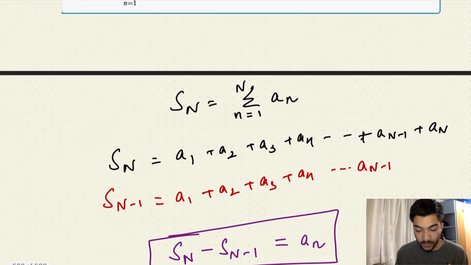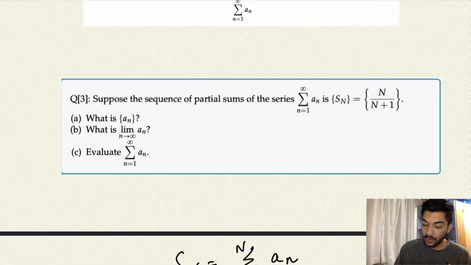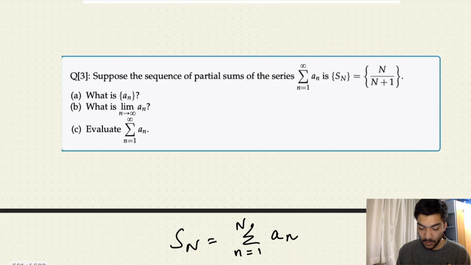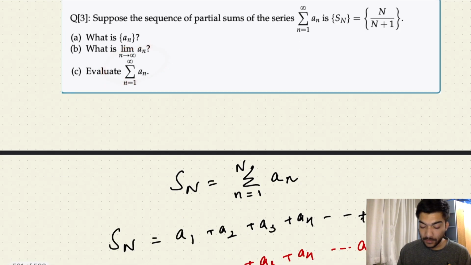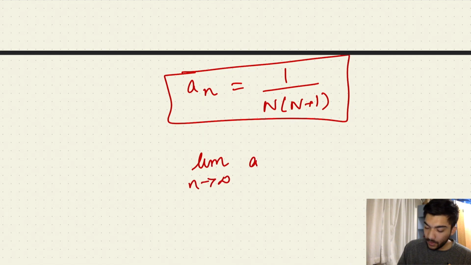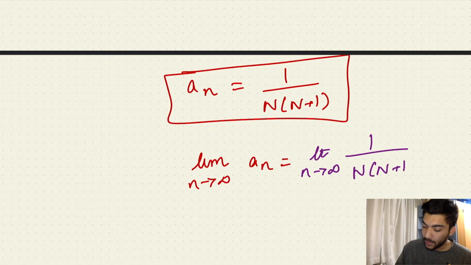And we calculated our sequence by only using the summation notation for our s of n, by using the expression which we were given for s of n, right? And now we have to calculate the limit of the sequence. The limit of the sequence is simply limit n approaches infinity of a of n. In this case, we know our a of n, so limit n approaches infinity, 1 over n times n plus 1.